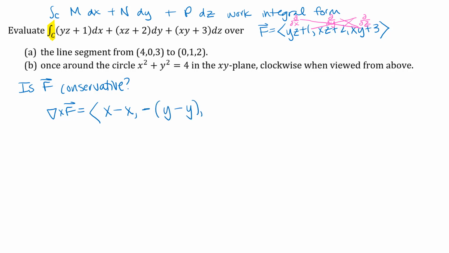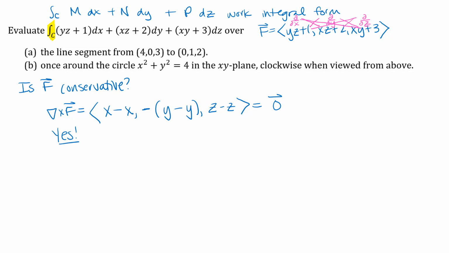And then for my k component, I'll do partial derivative with respect to x of my N function minus partial derivative with respect to y of M. And indeed, we get the 0 vector, so that tells us that yes, we do have a conservative vector field.